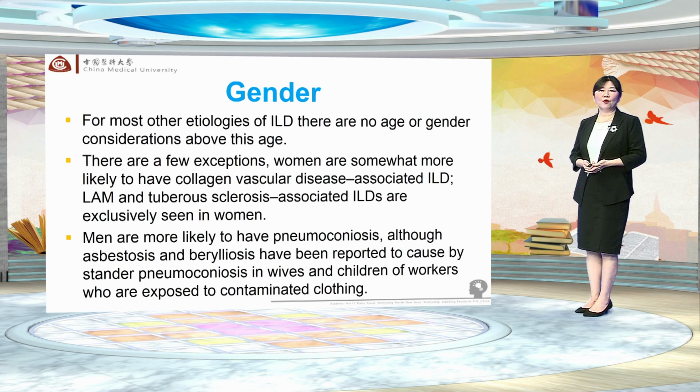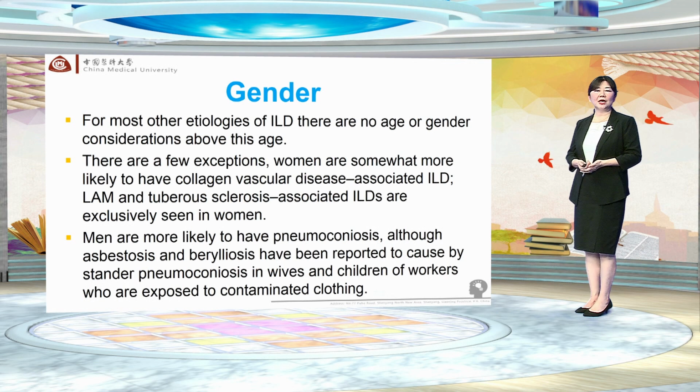Men are more likely to have pneumoconiosis, although asbestosis and berylliosis have been reported to cause bystander pneumoconiosis in wives and children of workers who are exposed to contaminated clothing.